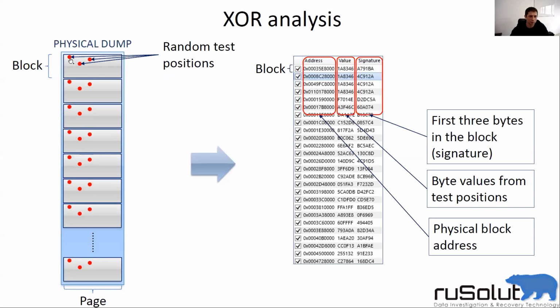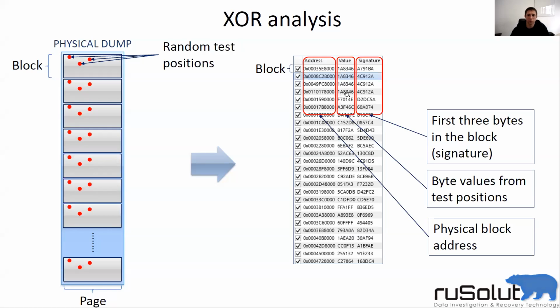By default, we take 3 test positions, and then we compare the test positions from all the blocks, and blocks with the same values will be brought to the top. And we can see it here, like here we have 81, 83, 46, 1, 2, 3, 4. 4 blocks with the same values.